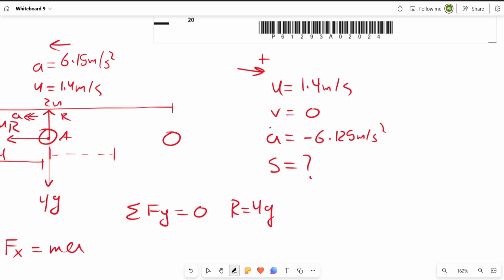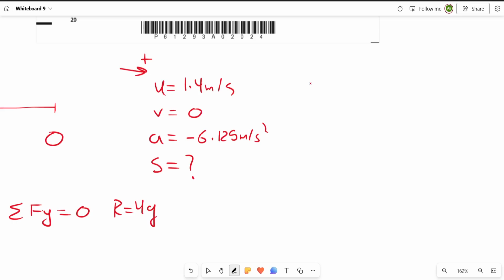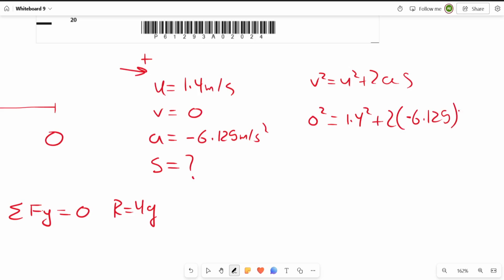So SUVAT, which letter didn't I mention? Again, t, so I'm going to use v squared equals u squared plus 2as. So 0 squared equals u squared, which is 1.4 squared, plus 2 times negative 6.125 multiplied by s, which is the thing that I want. If I move this 1.4 squared to the other side, it becomes negative 1.4 squared equals 2 times negative 6.125 s.